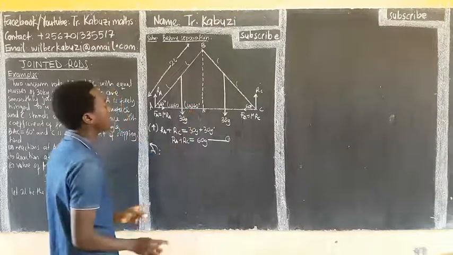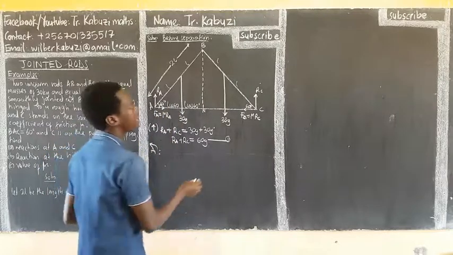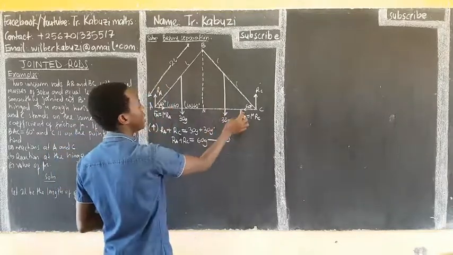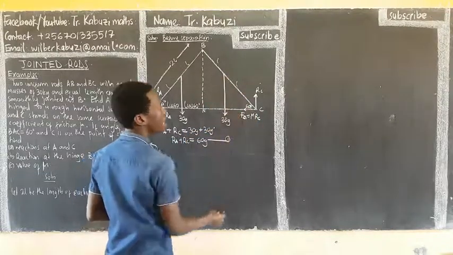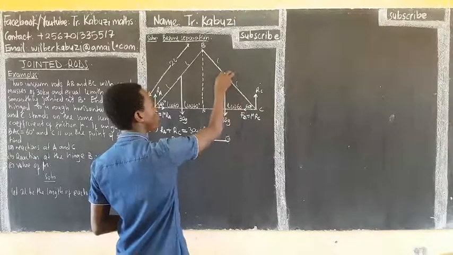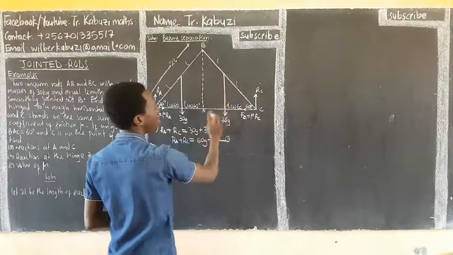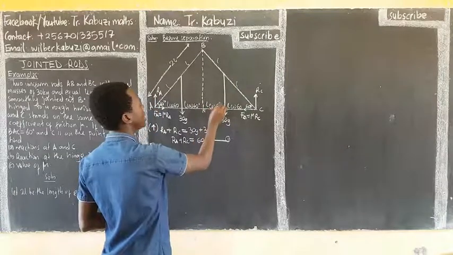The same idea here: we have the hypotenuse, we need the adjacent, so it's going to be L cos 60. This one divides this into two, so also this one is going to be L cos 60 degrees.